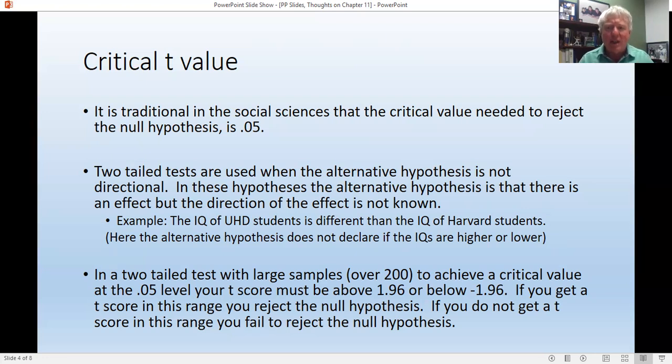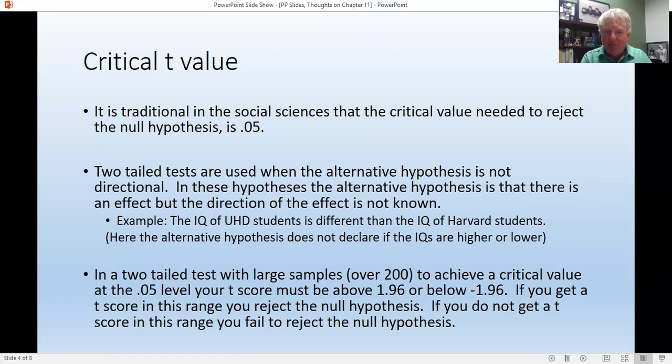That's not normal in social sciences because we don't want to throw out data that truly does support the alternative hypothesis at a high level, at the 0.05 level, but it may be more prevalent in things like medical care. For instance, drug tests. They may want it at the 0.01 level because the consequences are so high. But in social sciences, it's typically the 0.05 level.